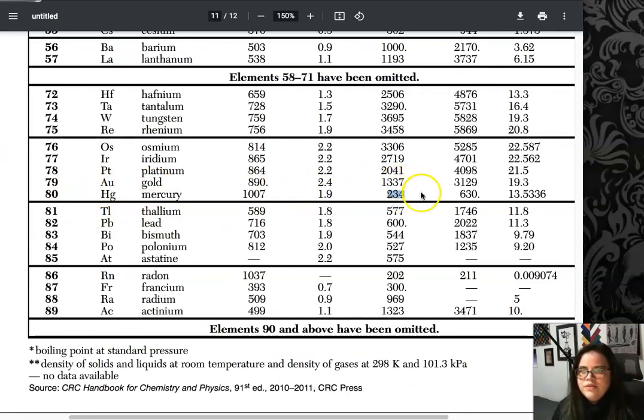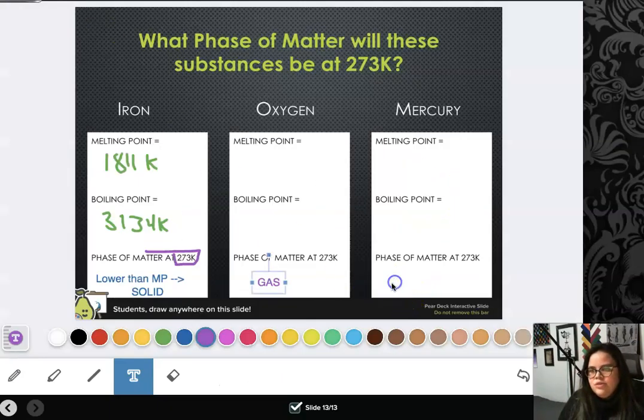So 273 is higher than that number, but it is less than the boiling point. It's 630, meaning we have melted, but we have not yet boiled, meaning that our last substance, mercury, is going to be a liquid at 273 Kelvin.